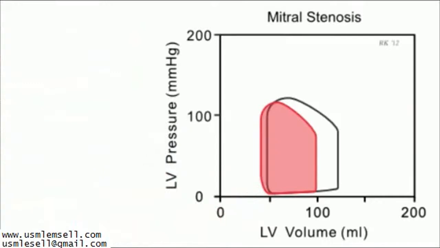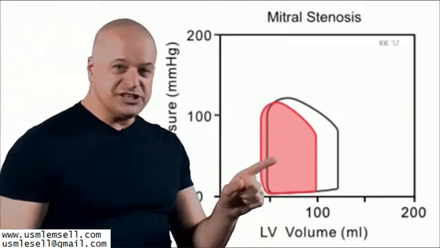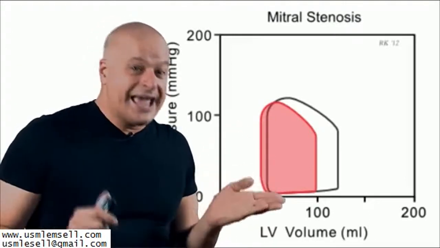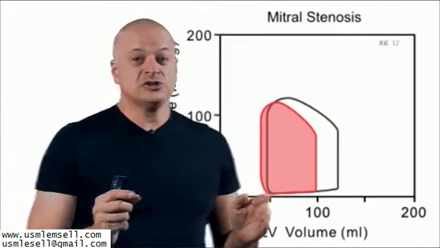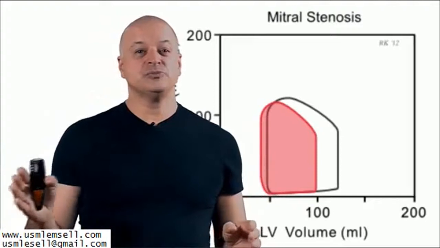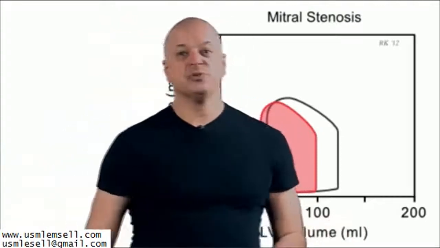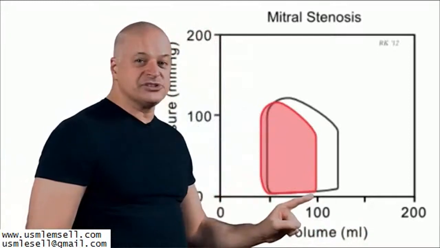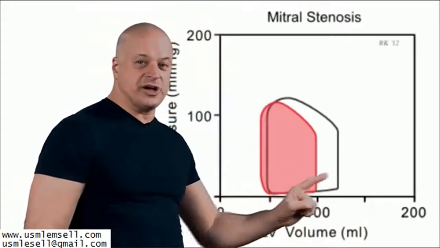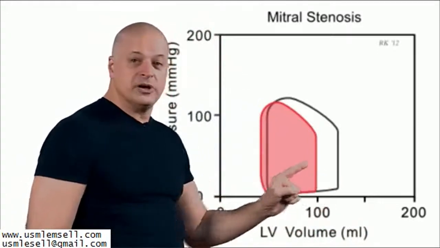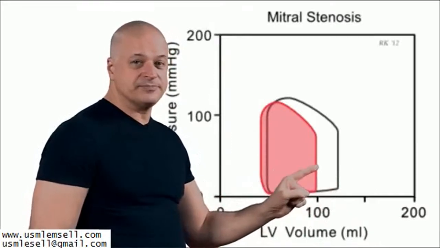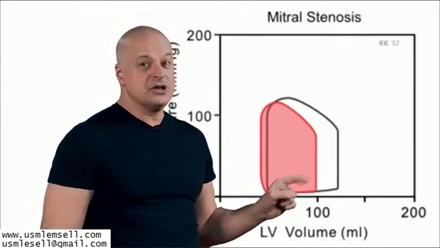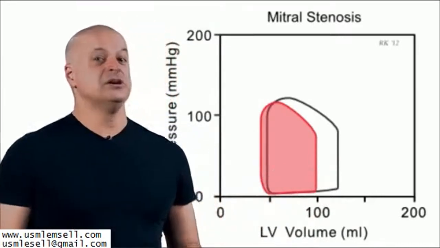Well, the reason why the volume in the disease goes down, because the red is the diseased, is because it can't fill. So since it can't fill, it tends to move over. Normal volume, diseased volume. Because it can't fill.